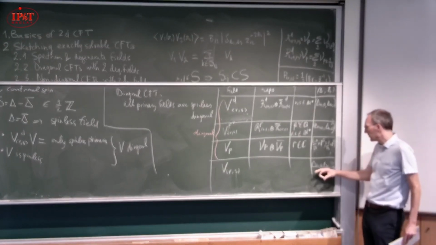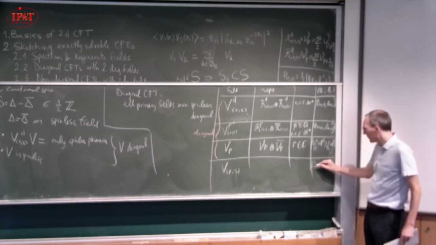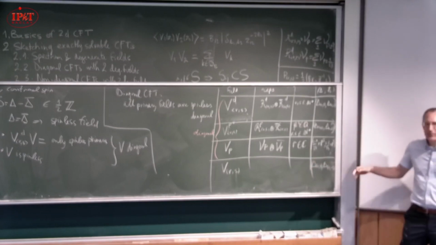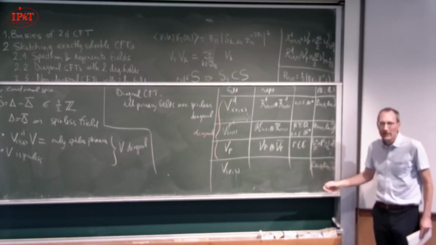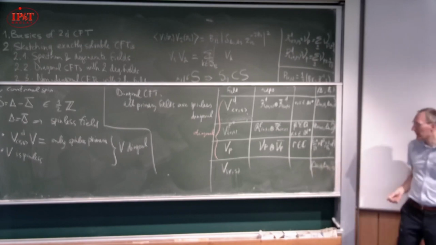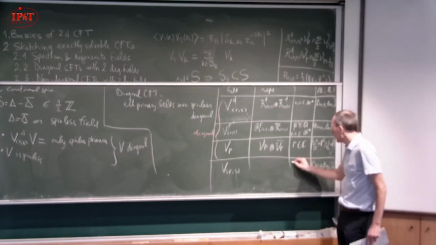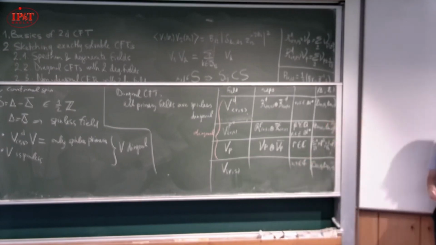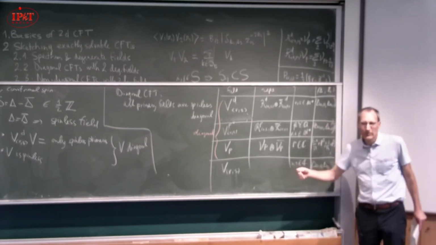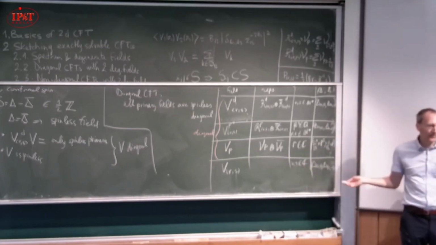I'm allowed to do that because they depend on two numbers, the left and the right dimensions, and I'm allowed to rewrite these two numbers in terms of two other parameters, these indices R and S. These parameters for the moment are just any complex numbers. And this is a notation which will be very convenient, as we will soon discover.